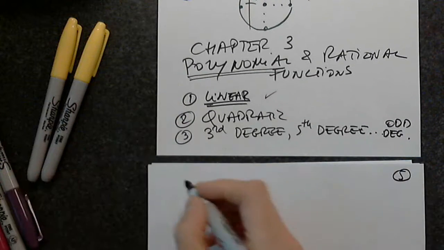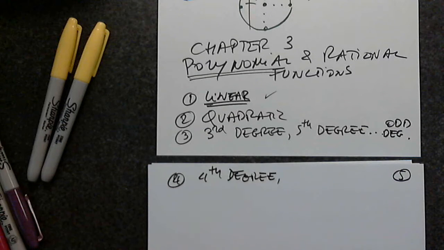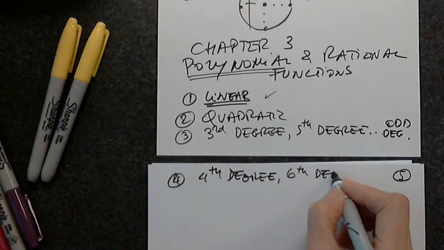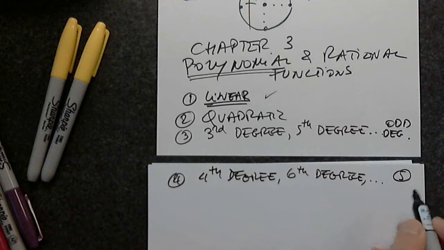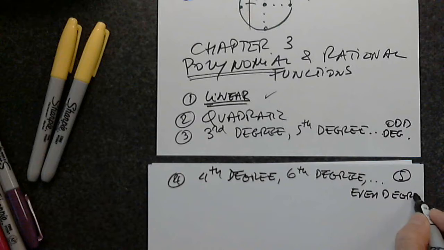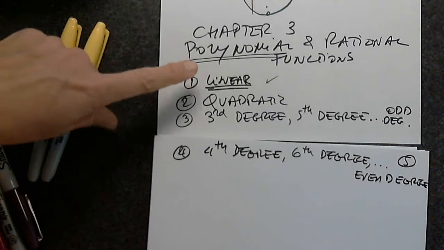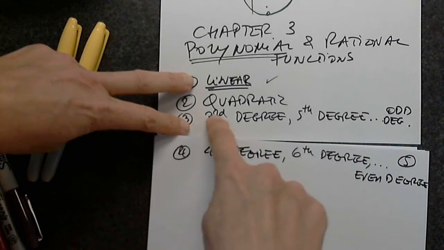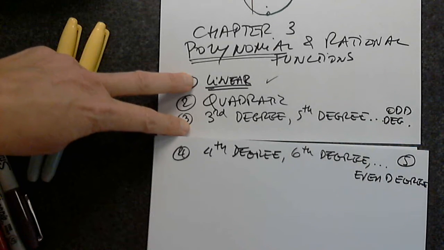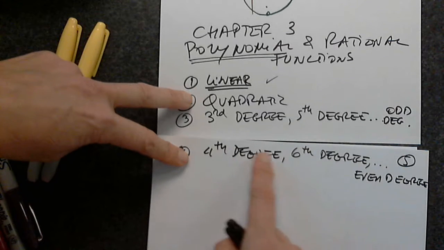And we will also look at fourth degree, which behaves identically with the sixth degree, and so on and so forth, any even degree. So later on, I will repeat this several times, and I will remind you that the linear and any odd degree will have something very important in common, as well as a quadratic and any even degree.